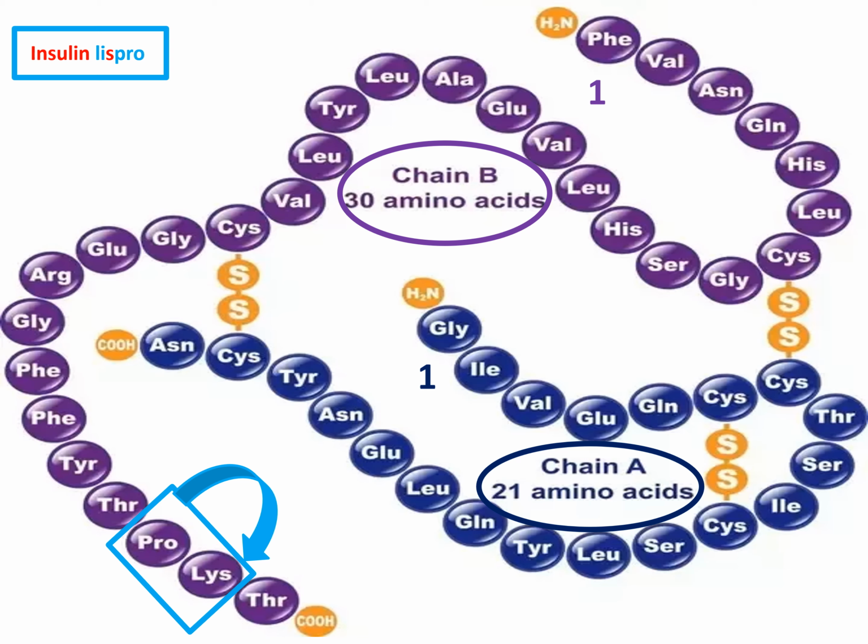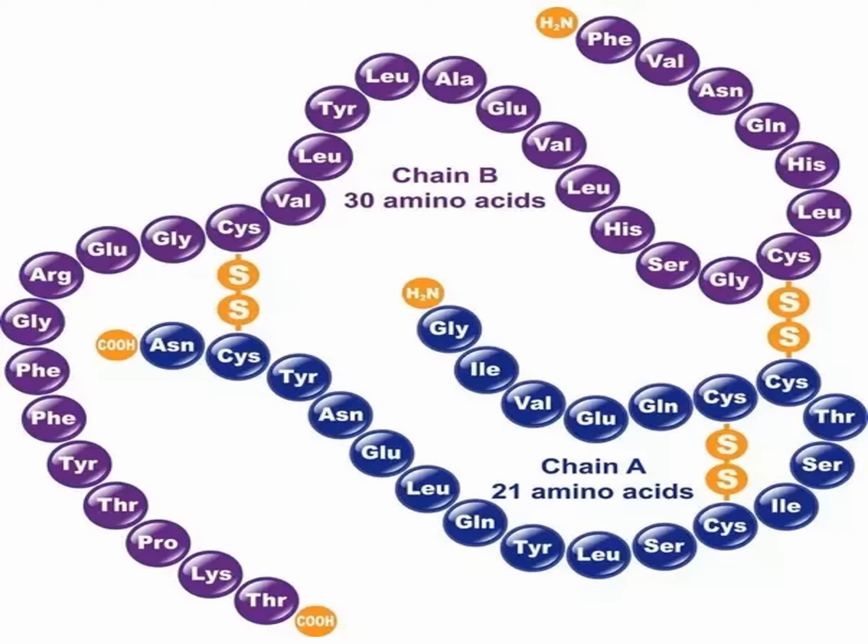The other one, if you look at the beta chain, the amino acid proline number 28, if we replace it with aspartic acid, then we are producing insulin aspart. Now here again you can see the normal insulin.